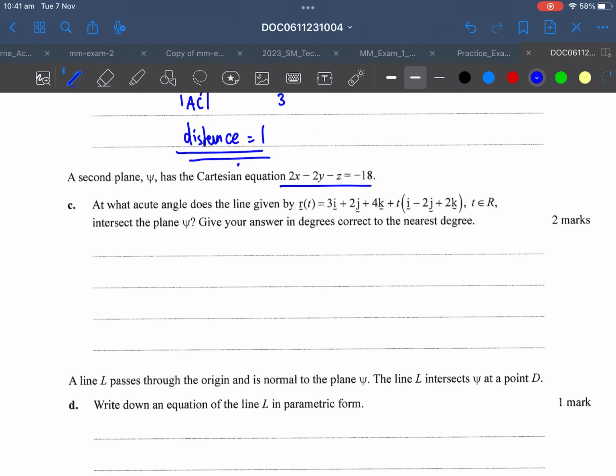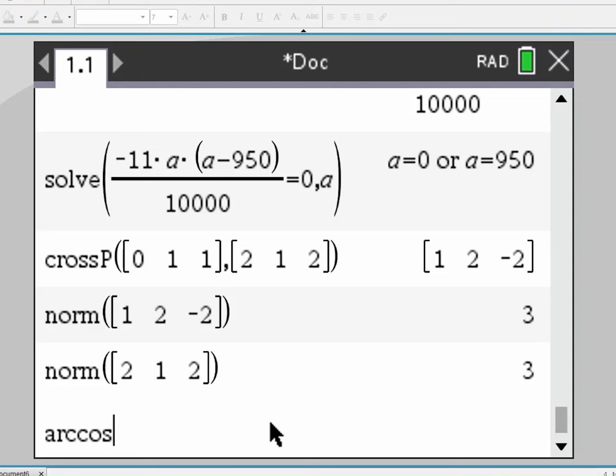You can use a calculator to find this cosine inverse, just say arccos. Wait, I have to change from radians to degrees first for this specific question.